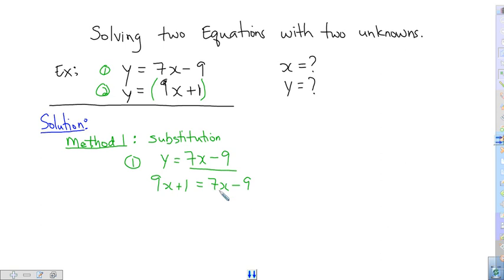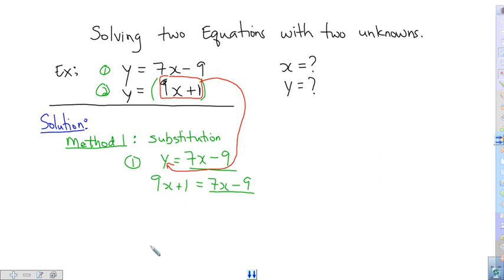So the right side here didn't change. What changed was the left side. What I did was I took the 9x plus 1, which is equal to y, and substituted it in for y. So we replace y with 9x plus 1 because they are equal.